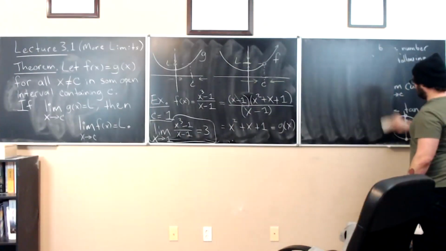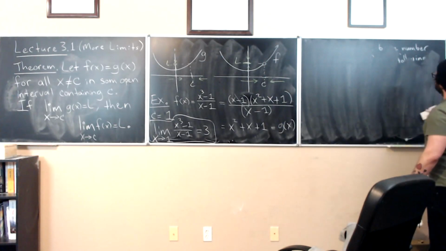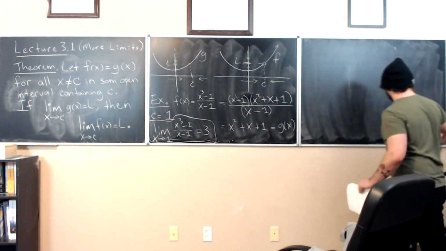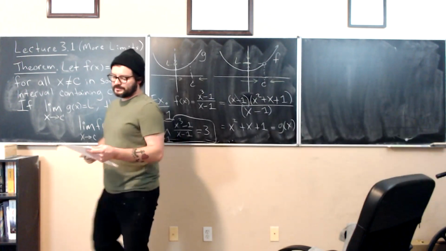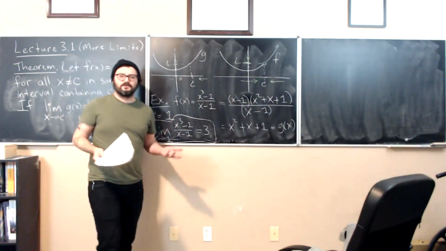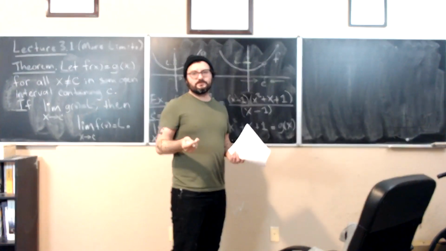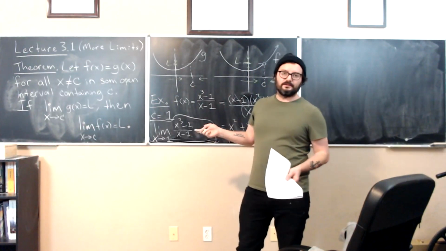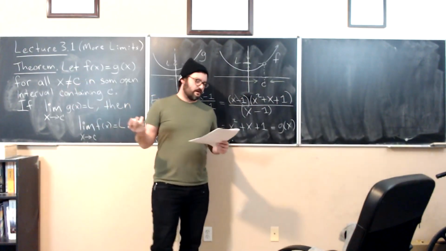So there are some techniques that you should be aware of other than applying the theorems to limits of functions. The two that come to mind immediately are being able to factor rational functions to get rid of the removable discontinuities, just like we did here, and then we can apply this theorem.